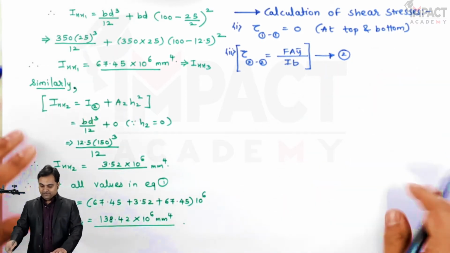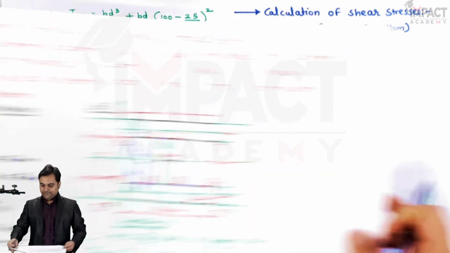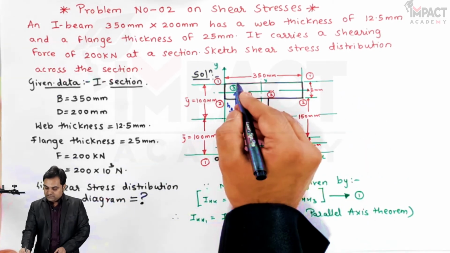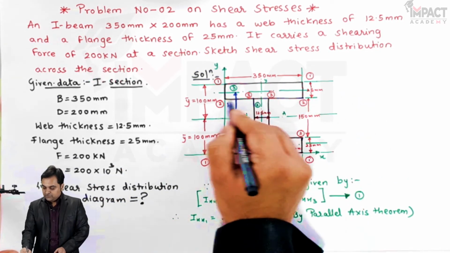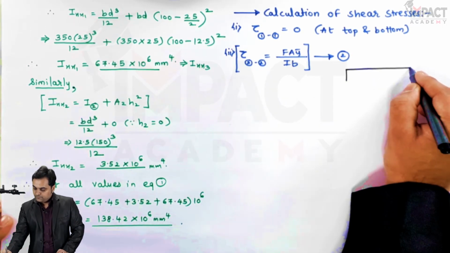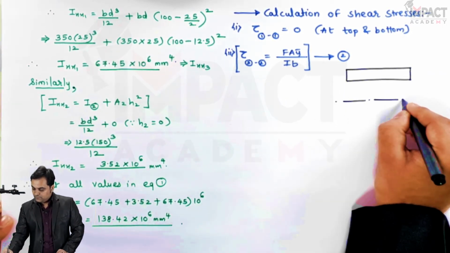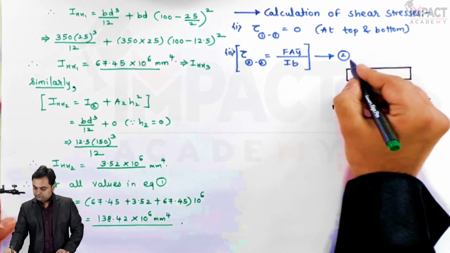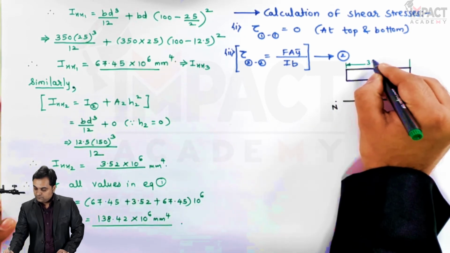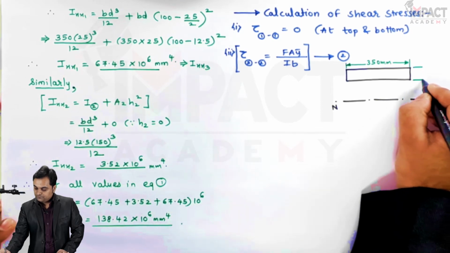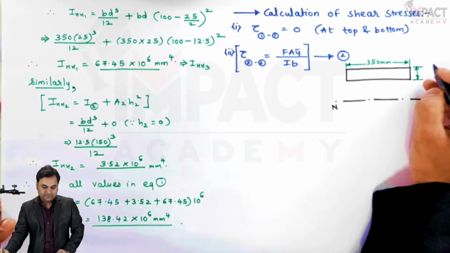Now, layer second is at the width 350 mm, meaning I would be taking this upper rectangle for the calculation of stress at layer second. So I'll draw the diagram separately. Here is the neutral layer or the neutral axis. The width is 350 mm for the rectangle, or the flange, we can say.